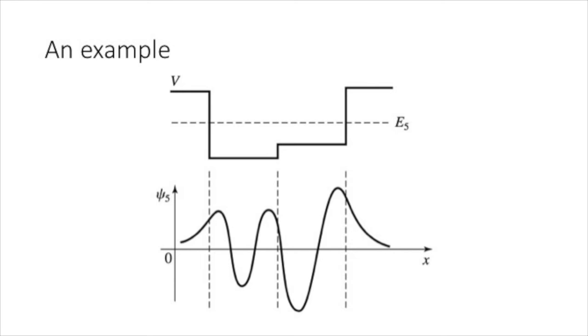The other thing I should point out here is the number of nodes. We're told this is E sub 5. If we assume that E sub 1 is the ground state, E5 is the fourth excited state. So we should expect to see 4 zero crossings, and that's exactly what we have. We have 2 in each half of the well.